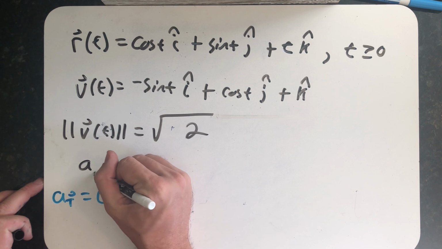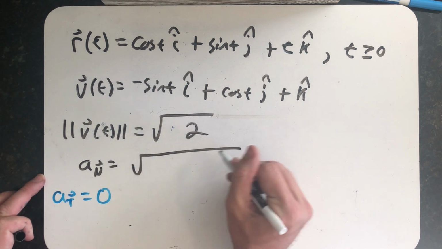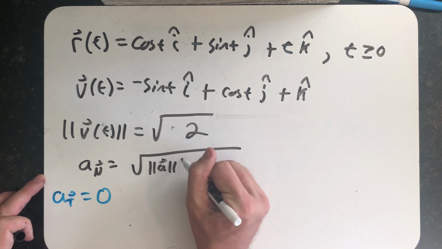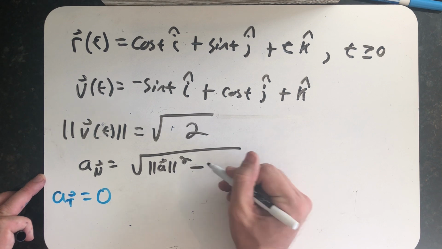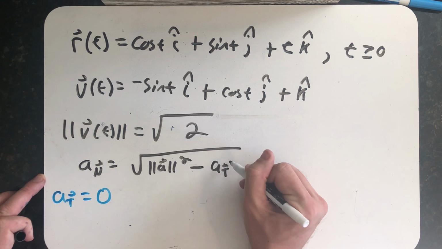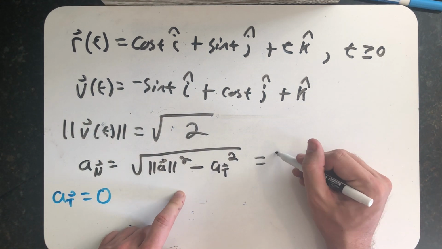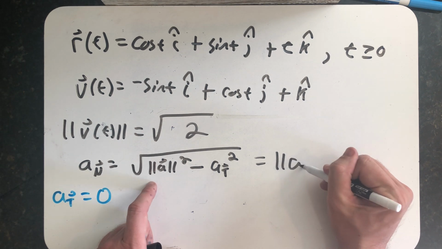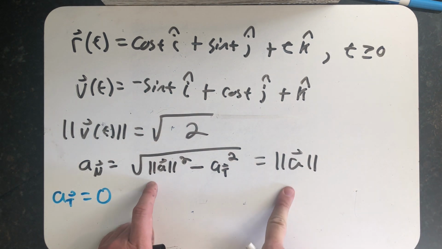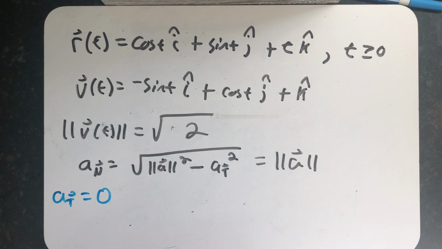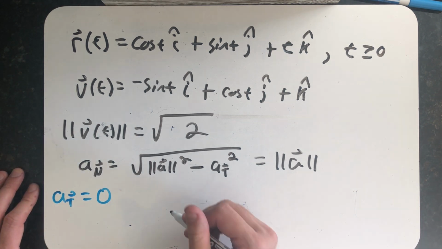So I'm going to think about a sub n as being the square root of the magnitude squared of my acceleration vector minus the tangential component of acceleration squared. Well, I know what that is. That's just 0. Okay, well, the square root of a magnitude squared is the magnitude. All of the acceleration is in the normal direction, so I just need to find the magnitude of the acceleration vector.